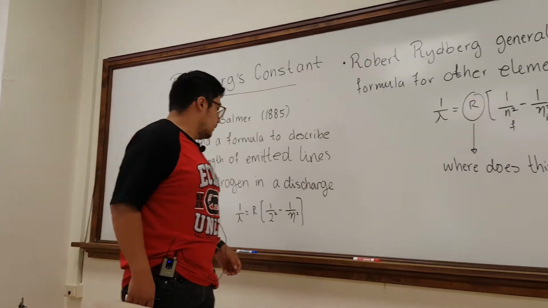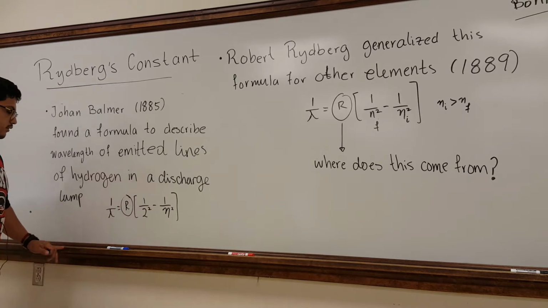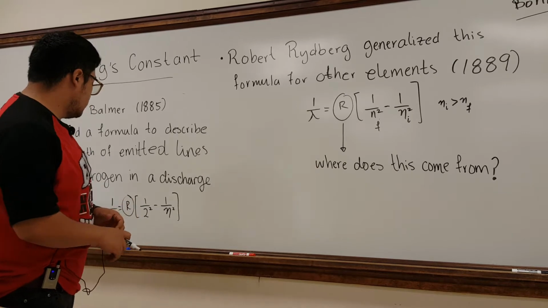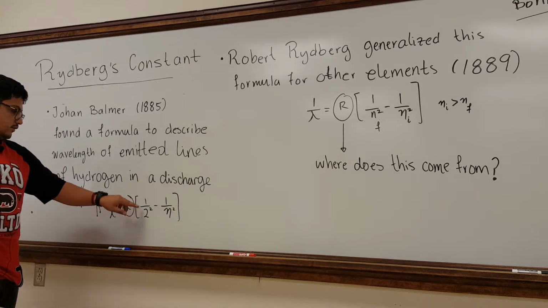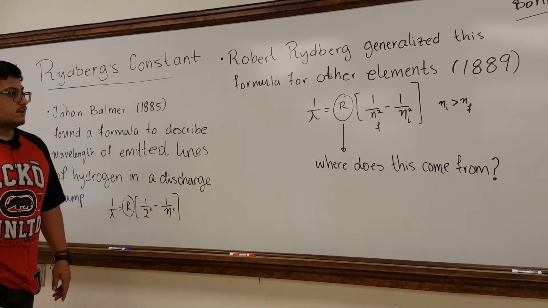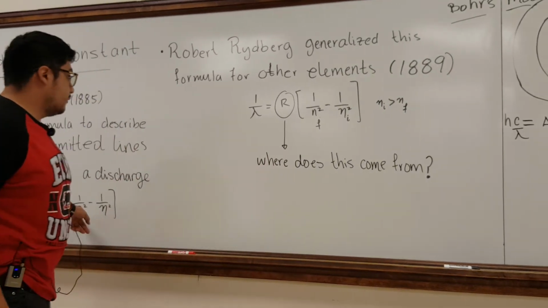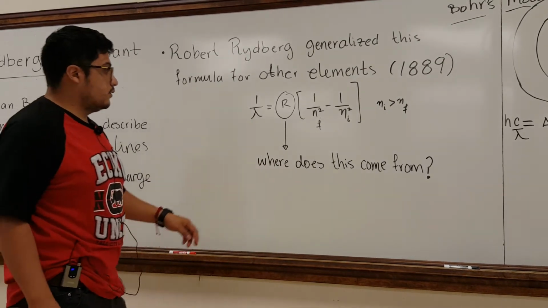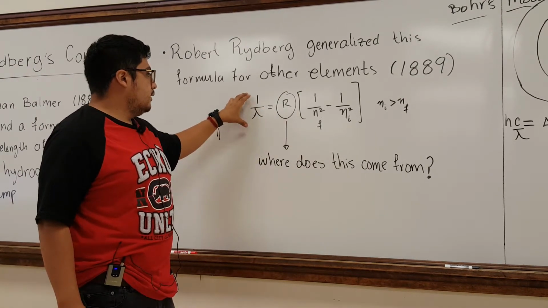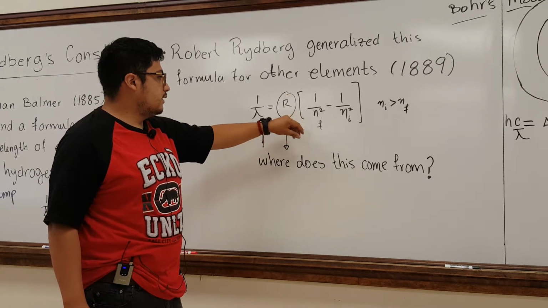Robert Rydberg. So this little r is now called Rydberg's constant. He then generalized this formula. Rather than what you see here, which is 1 over 2 squared minus 1 over n squared, he took it further and said that it doesn't only apply for 2, but you can have this relationship describe the wavelengths of the emitted lines of a gas in a discharge lamp, of those excited atoms.